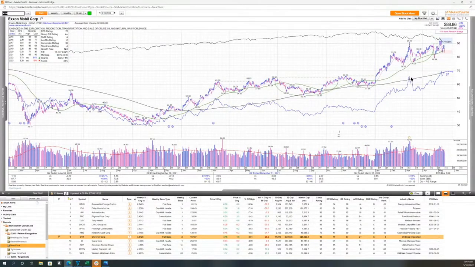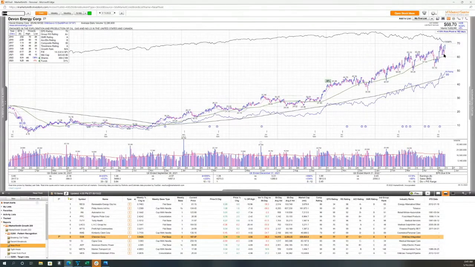Exxon trading below the highs of recent vintage, but relative strength already at new highs. Let's look at Devon. Okay, Devon is just a screamer. Relative strength blew out in here, and it's kind of following price. But even relative strength is at a new high, and the price is not above 70 yet. So probably Devon's going above 70. Okay? So these are basic guides.